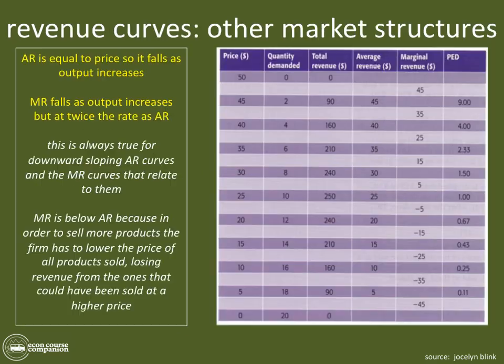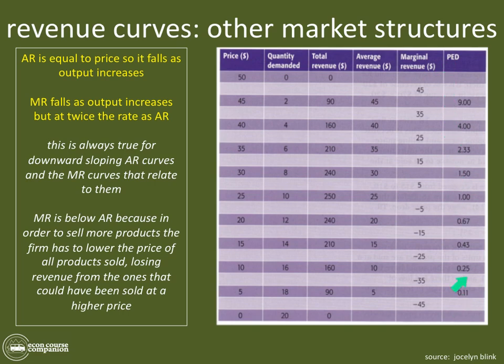All right, here we go. I'm going to suggest to you, if you are to stop the video right now and take a look at this slide, take a look at this table right here, and try and figure out price, quantity demanded, total revenue, average revenue, marginal revenue, and price elasticity demand.